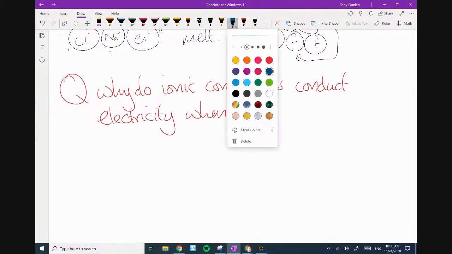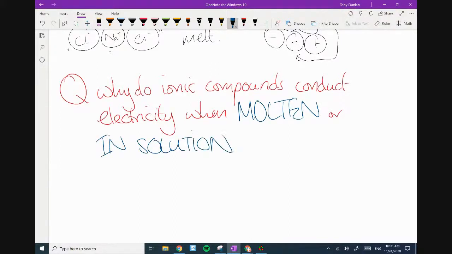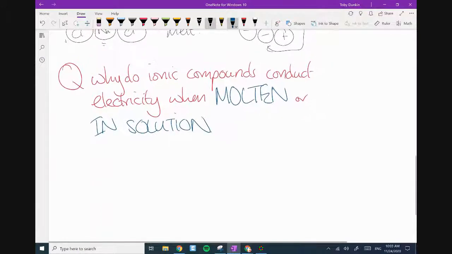Notice I really need to hammer this. When molten or in solution. Yeah, they always ask, when do they conduct? So I'm just trying to really hammer that. Why do they? And the answer, you can pause the video and write down from listening to what I said earlier.